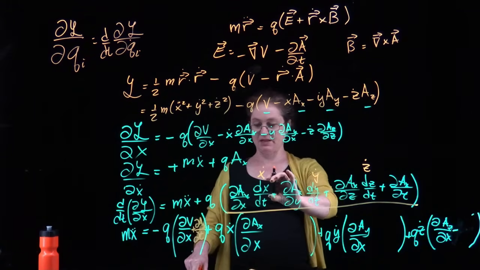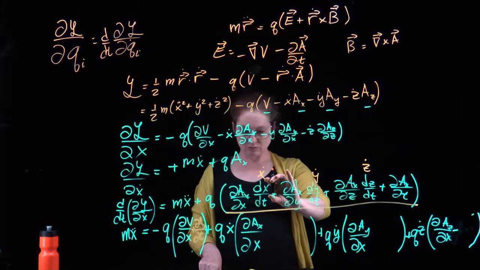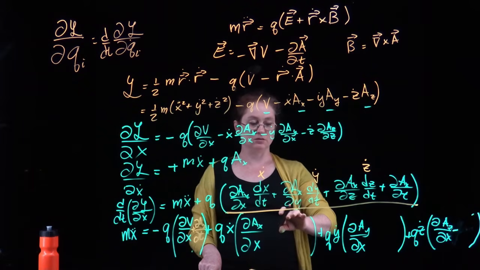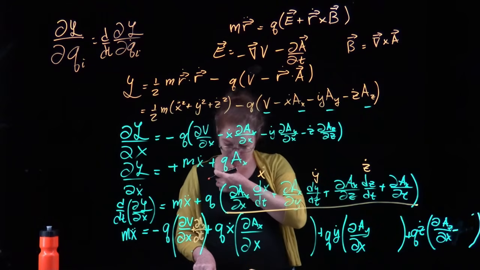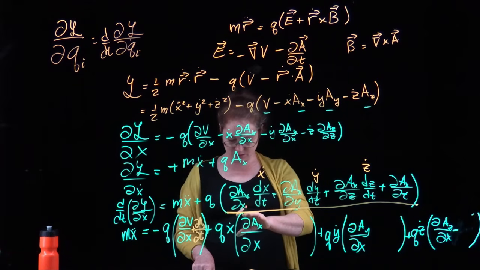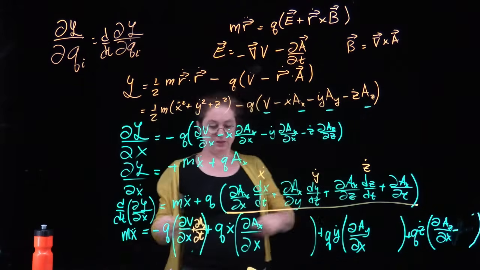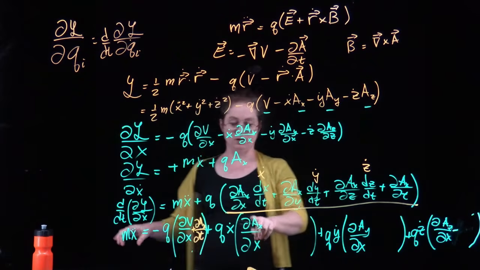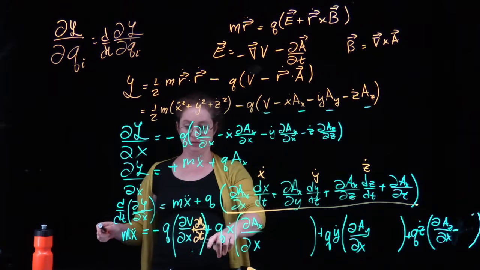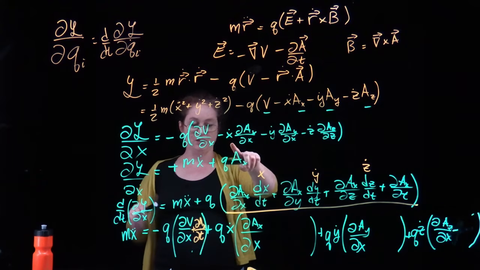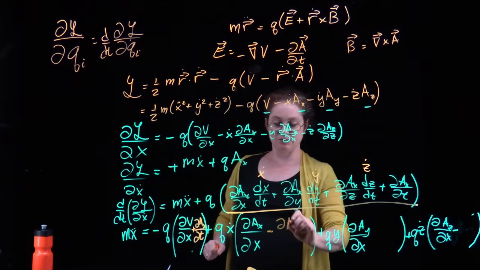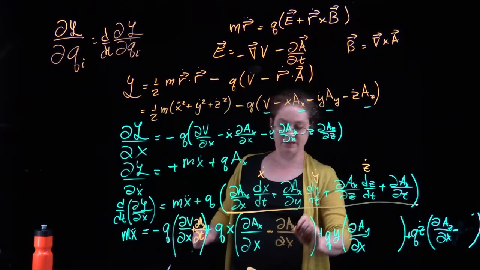Now, my x dot term is partial, let's see, this should be, okay, so this is the term from here, and then, no, this is the term from here, and then this term, we bring it on the other side, and it becomes partial ax partial x.